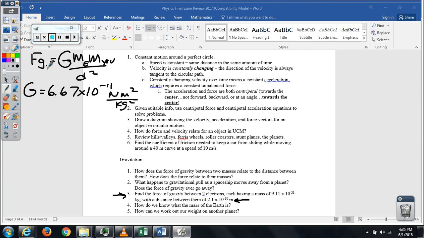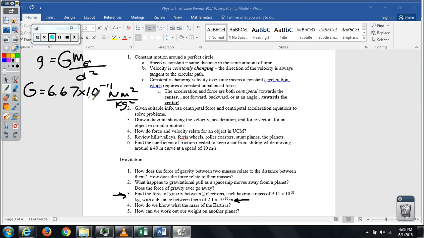So this is your weight, which, if I erase this, is equal to your mass times little g. But I have your mass on both sides. So now I know that little g is 10 newtons per kilogram.